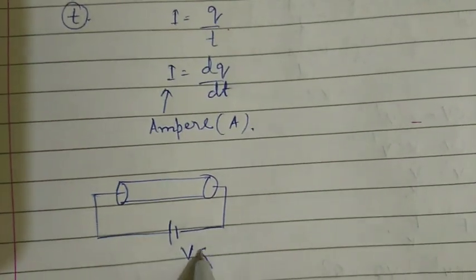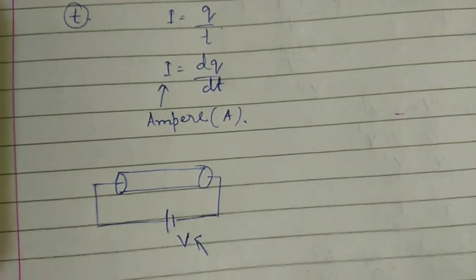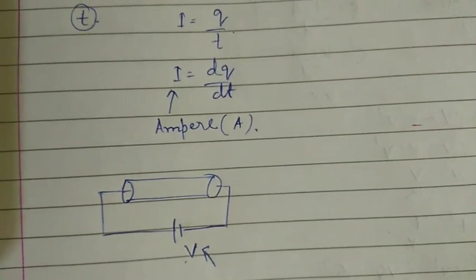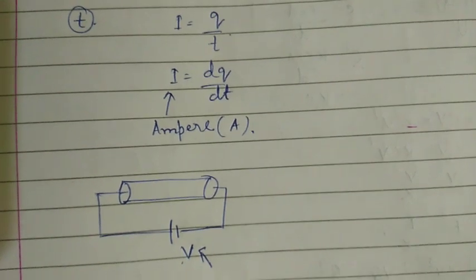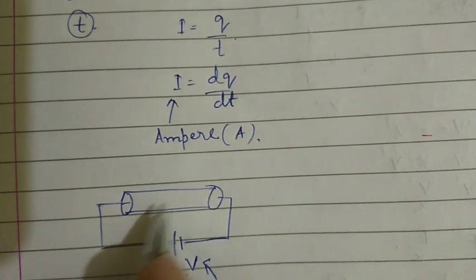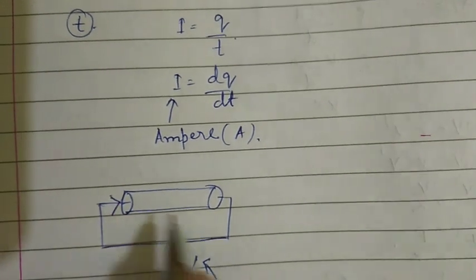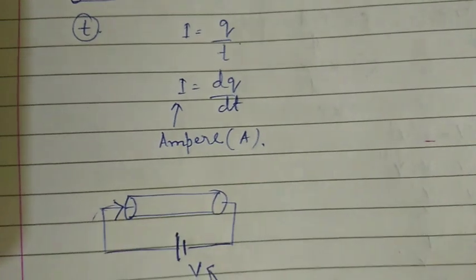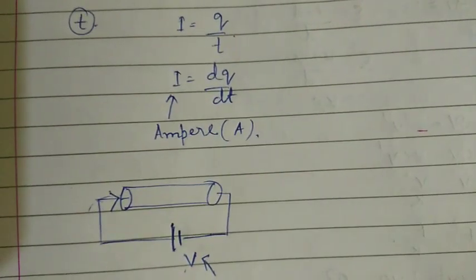For simplicity, say its voltage is V. So this is how we connect a battery and produce some electricity. Now here in this case, as you already know, the direction of current is from the positive terminal to the negative terminal outside the battery.